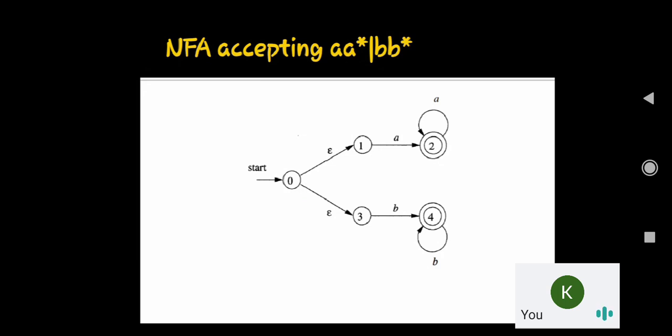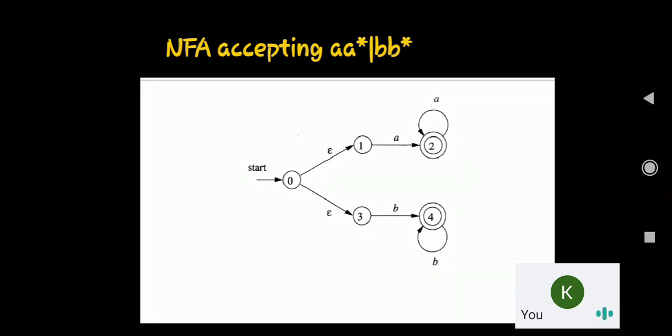We have used the empty string representation. Basically that must be ignored, but we have used it because from the start state we have to separate into two branches. For that purpose we have used that empty string representation.